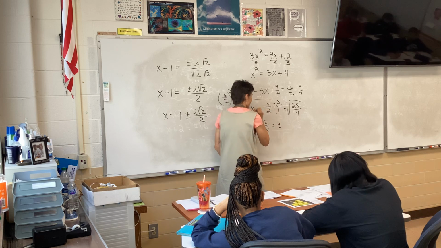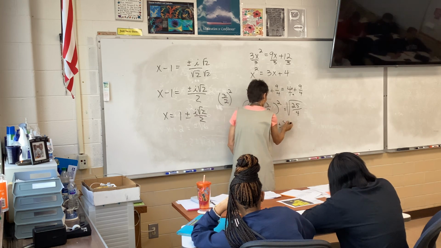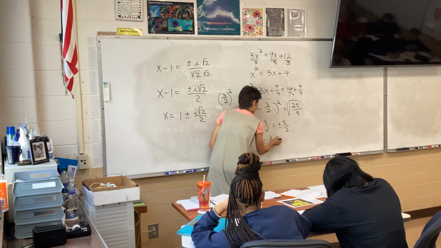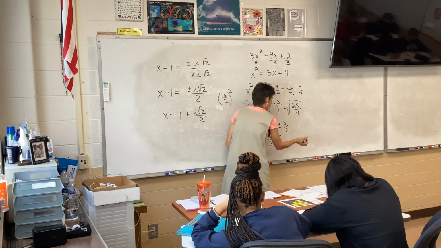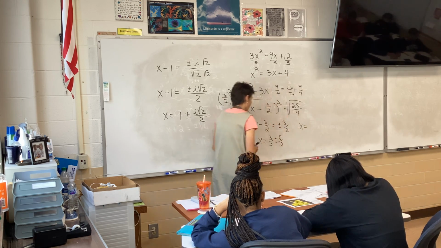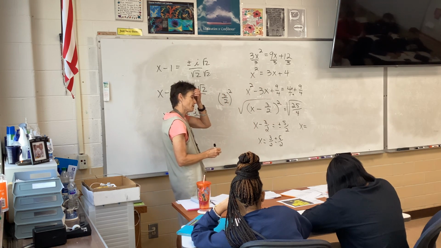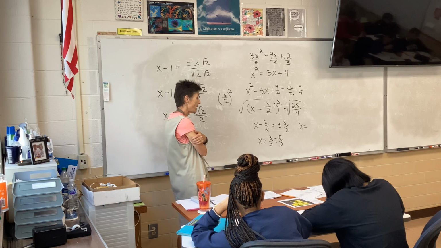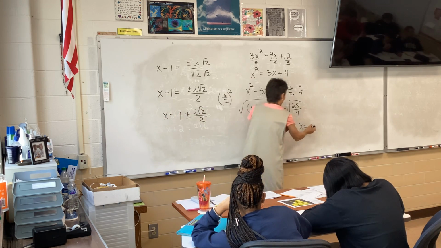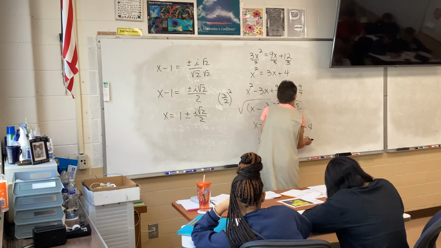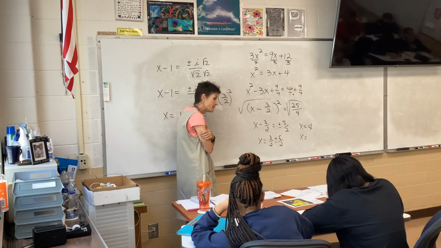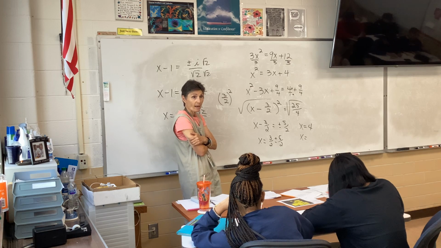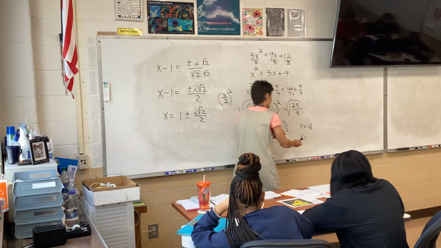Plus or minus 5/2, perfect. So x equals 3/2 plus or minus 5/2. This is gonna work out great. What's 3/2 plus 5/2? 8/2 or 4. And what's 3/2 minus 5/2? Negative 2/2 or negative 1.